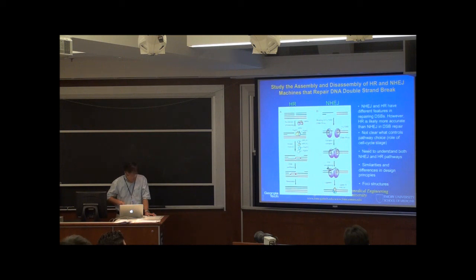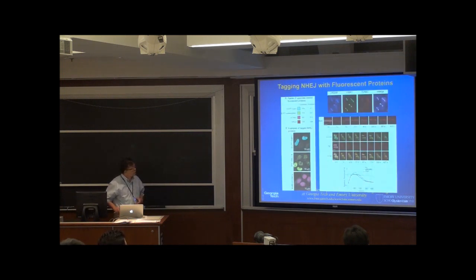A lot of interesting issues, but the critical thing for us is to visualize the assembly and disassembly of those machines. I'll just show you one example, which is to use different fluorescent proteins such as ECFP, EYFP, mCherry, and mPlum, with different excitation and emission wavelengths, to tag different components.